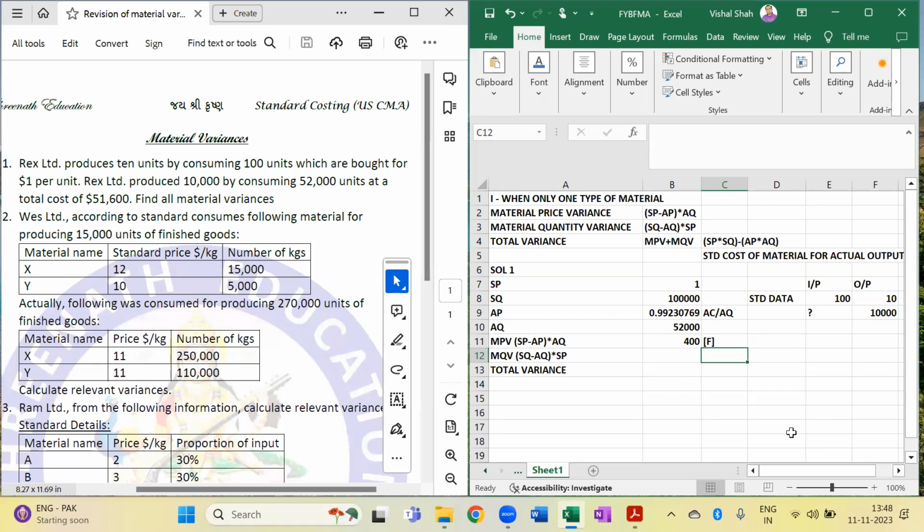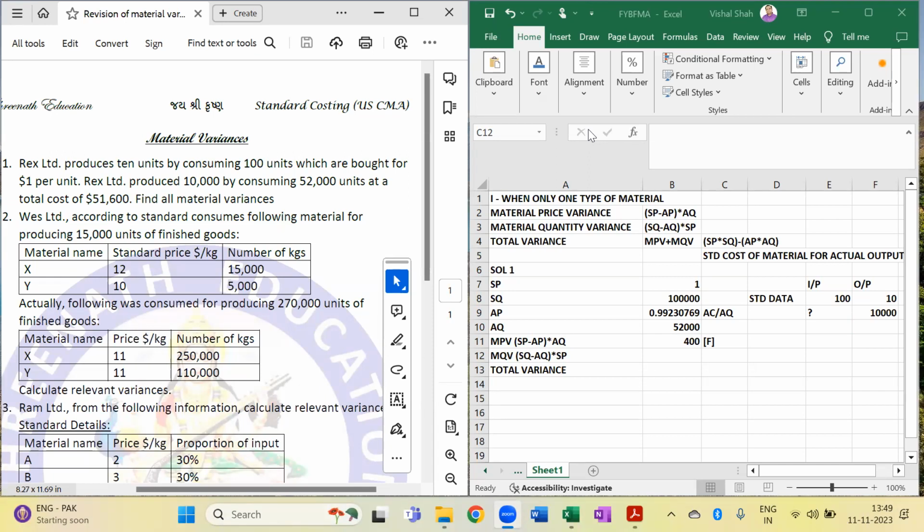Mayank? The calculation mistake. I actually took 10,000 instead of 52,000. Sir, I took 10,000 instead of 52,000. Ah, you should take 52,000. Everyone got 400 favorable because it is positive.